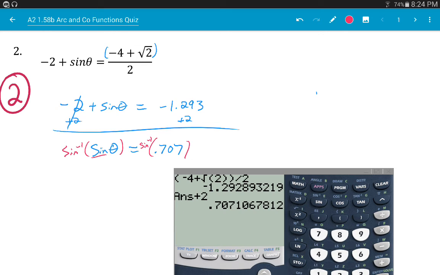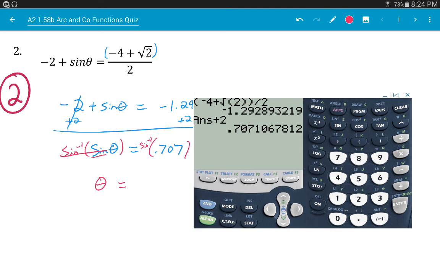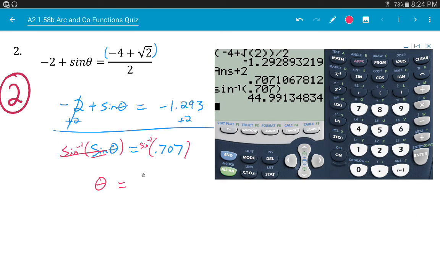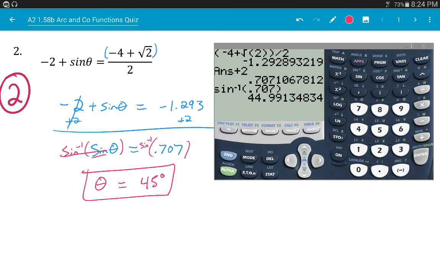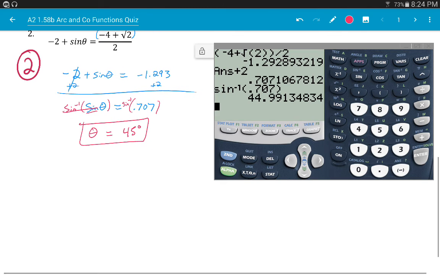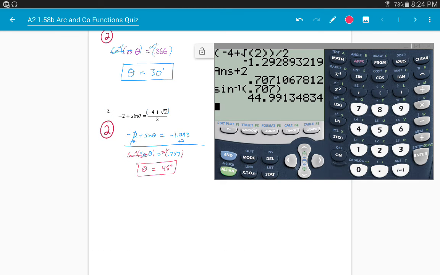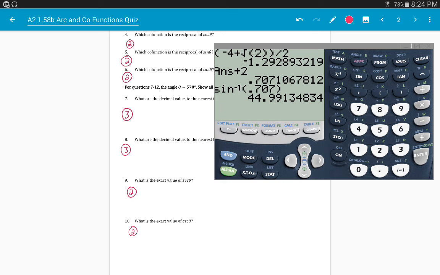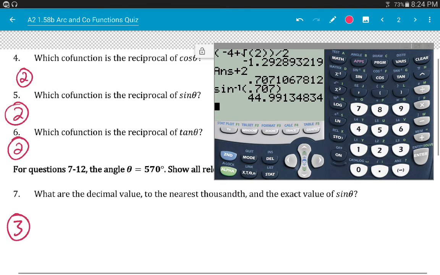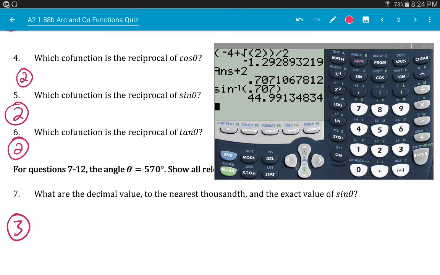Sine to the -1. These will cancel, leaving me with just theta. That's equal to the arc sine of 0.707. So let's see what that is. Arc sine of 0.707. That's going to be 44.99 or 45 degrees. All right. So that's how we use the arc functions. We use them to undo sine, cos, tan when we want theta itself, the actual angle.